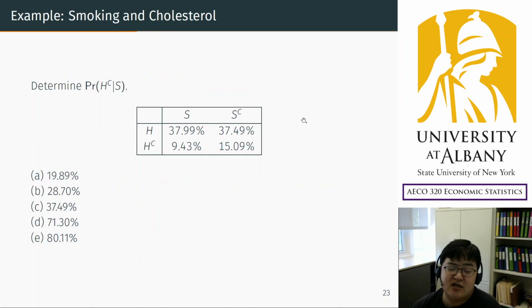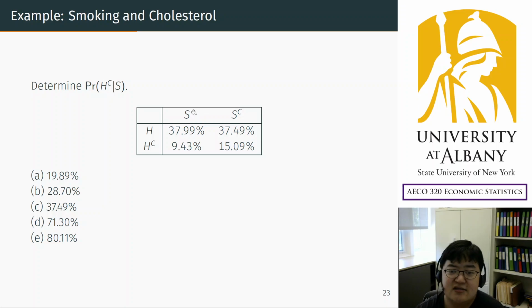And finally, I'm asking you one more question. What is the probability of not having high cholesterol even if the person has smoked before? It is also a conditional probability, but I included a complement, but there is nothing special. Try it by yourself.